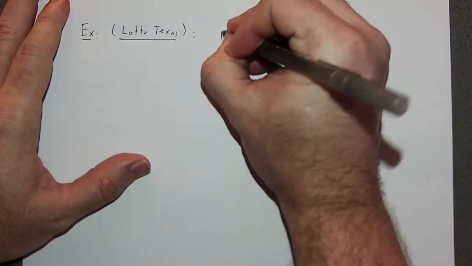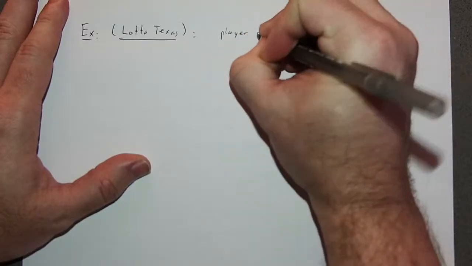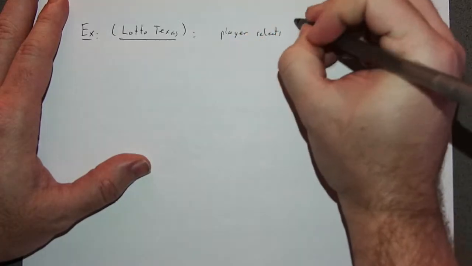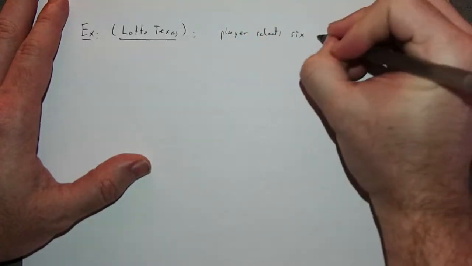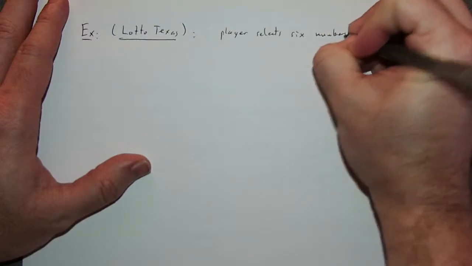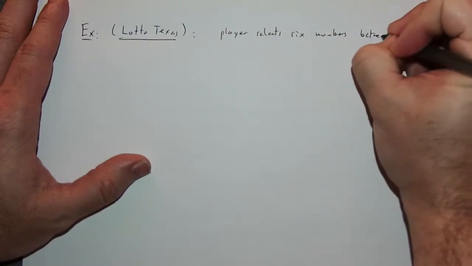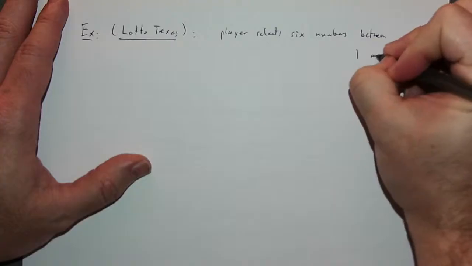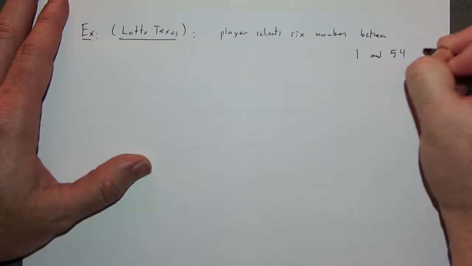So what is the idea here? A player selects 6 different numbers between 1 and 54 to enter in the lottery. Okay, player selects 6 numbers between 1 and 54.